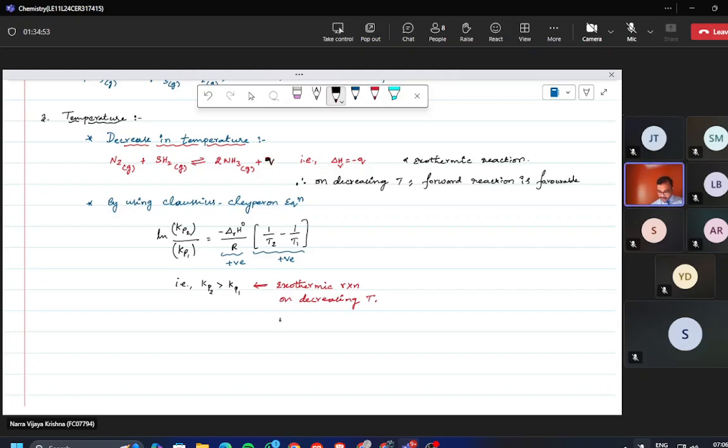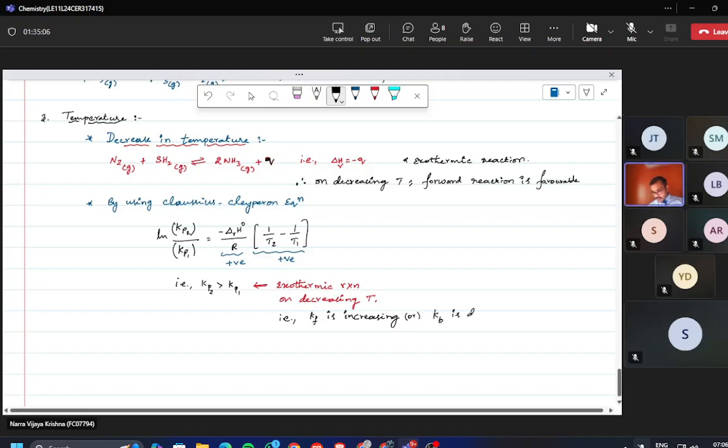That is, K forward is increasing or K backward is decreasing. Means indirectly the forward reaction is favorable.